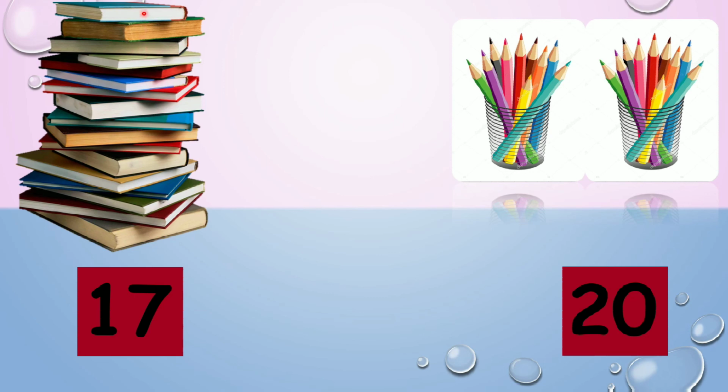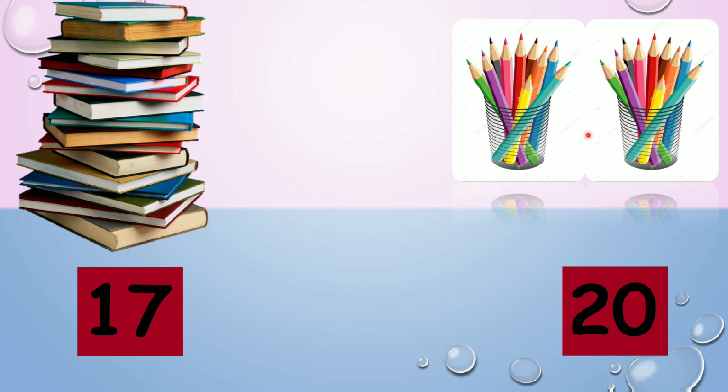You can count together with the teacher. 1, 2, 3, 4, 5, 6, 7, 8, 9, 10, 11, 12, 13, 14, 15, 16, 17. Yes, so it's correct. We have 17 books that have been stacked together into a pile.